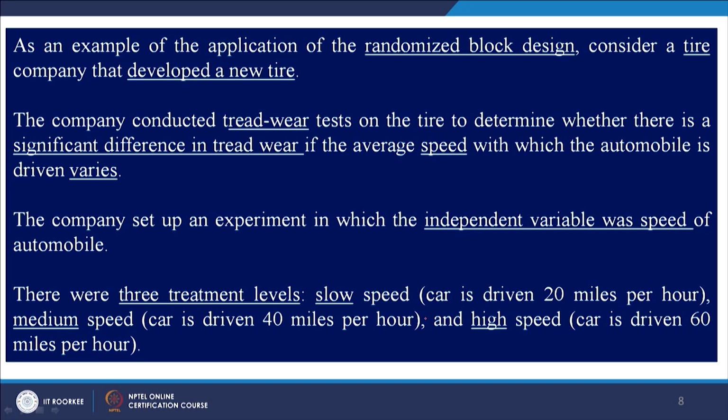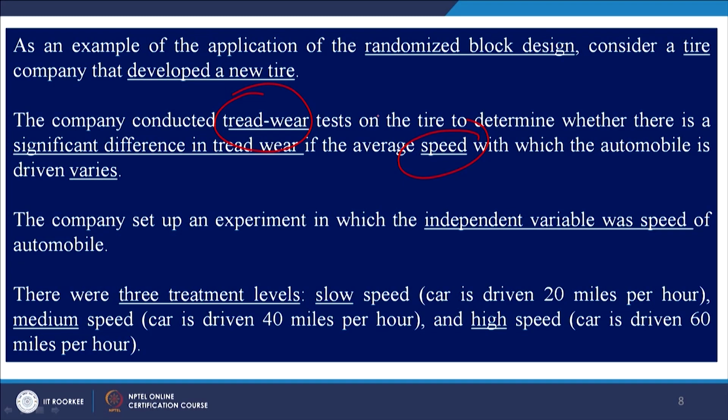Let us take an example of a randomized block design. A company has developed a new tire and wants to check the tread wear on these tires, how the tread wear occurs with a varying speed of the vehicle.